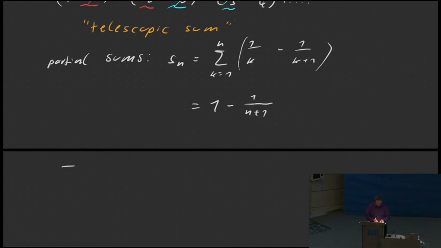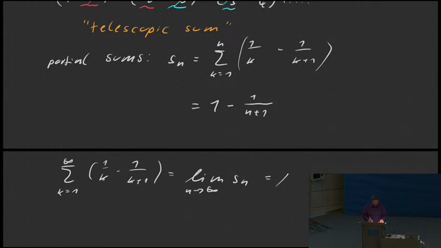And then you remember the definition of the limit of a series. Well, it's just the limit of the partial sums. So that's the same thing as the limit of the Sn's as n goes to infinity. And of course, that limit is easily computed.